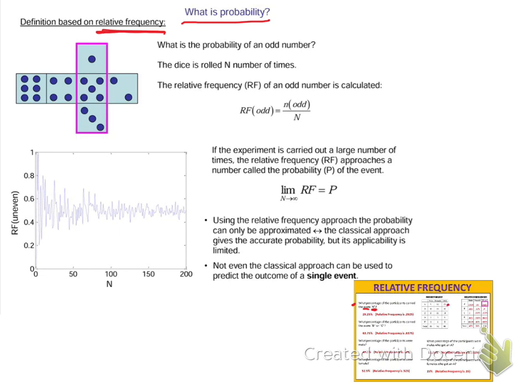Who scored A? 21. And what is the total number of people who scored any grade, whether A or B or C? 80. So it will be 21 divided by 80, equal 0.2625. So they put it here in this table.